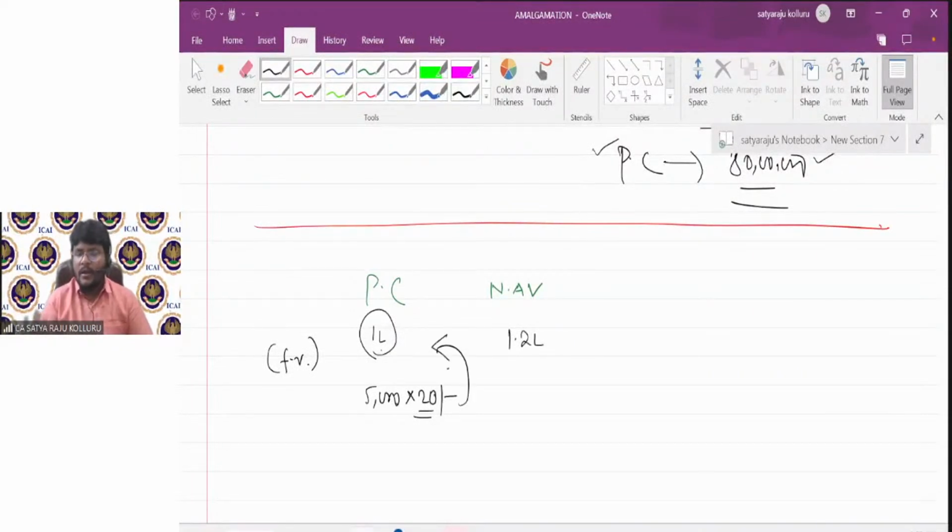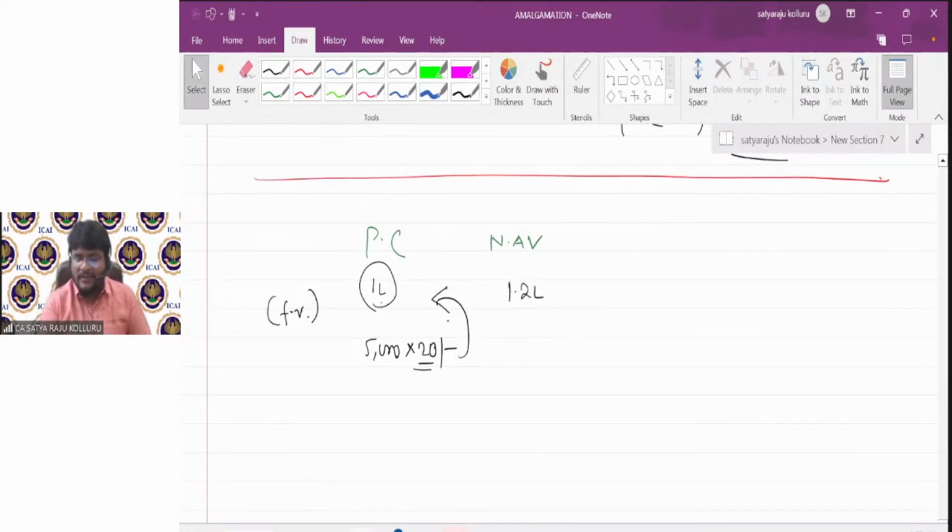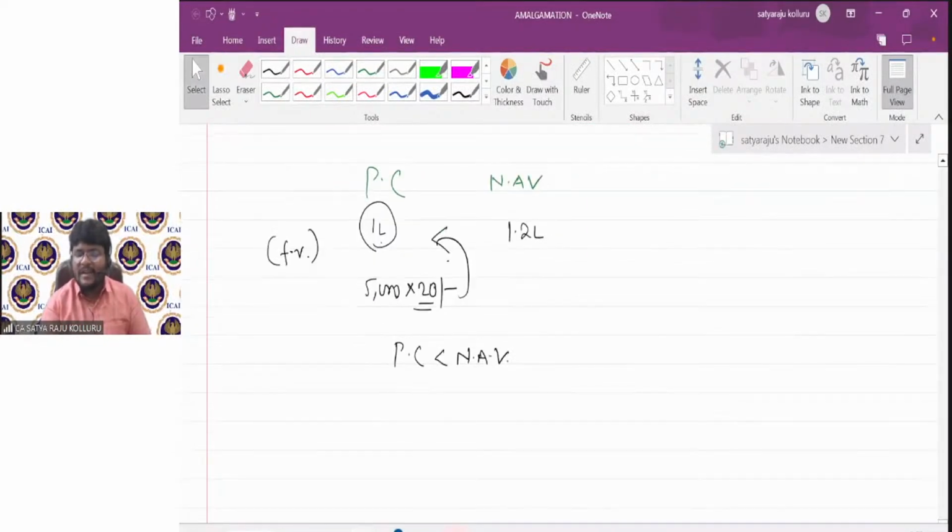Am I right? Now, all of you, please let me know. In this case, is PC greater than NAV or less than NAV? PC is less than NAV, right? Sir, if PC is less than NAV, is it a goodwill situation or a capital reserve situation? This is the situation for capital reserve, which is equal to 20,000.